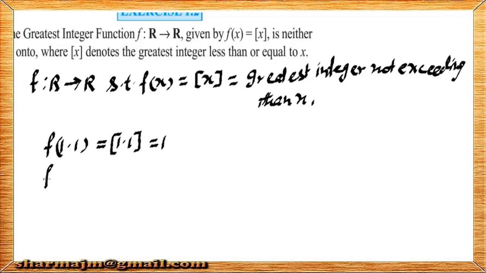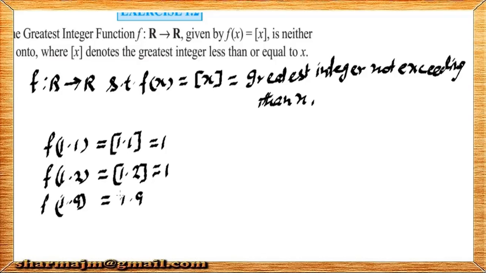Similarly if you have 1.2 here, so f of 1.2 will be this, that is also 1. Similarly you can have f of 1.9, then again it will be the bracket of 1.9 and greatest integer not exceeding 1.9 is 1.